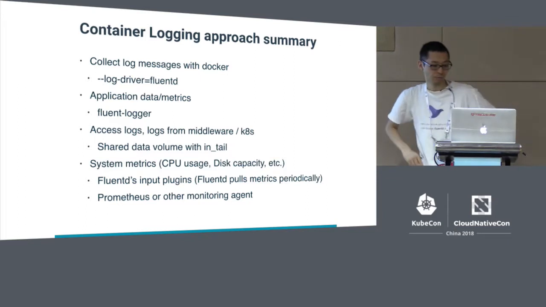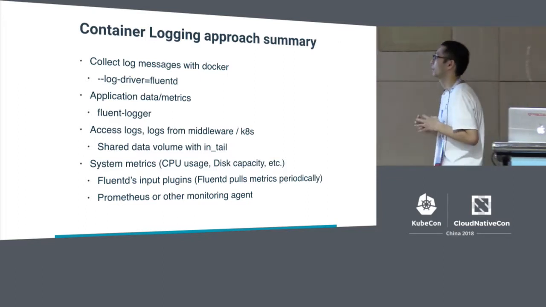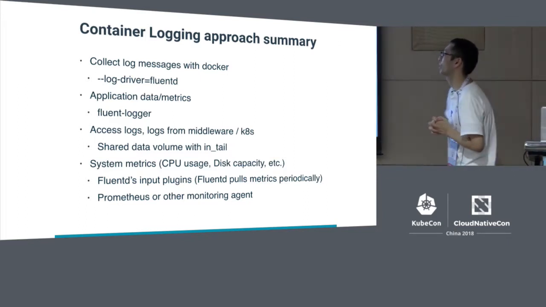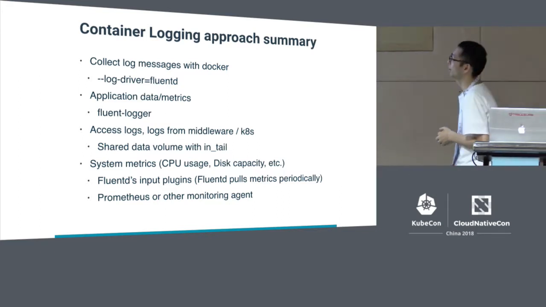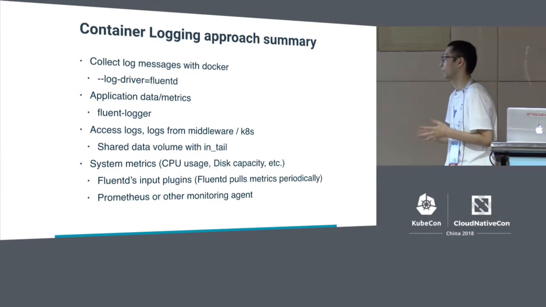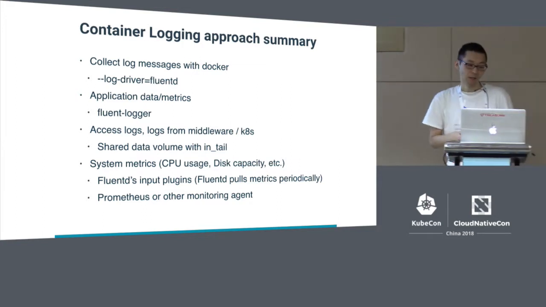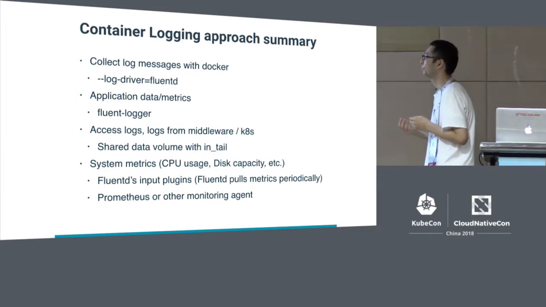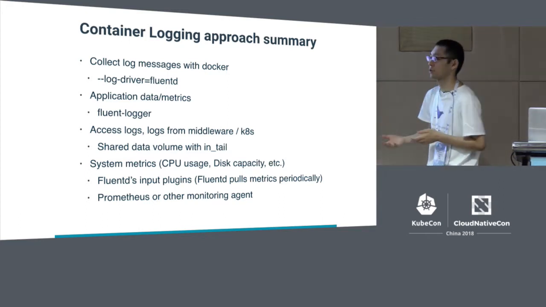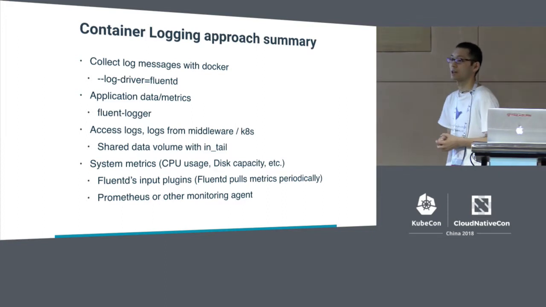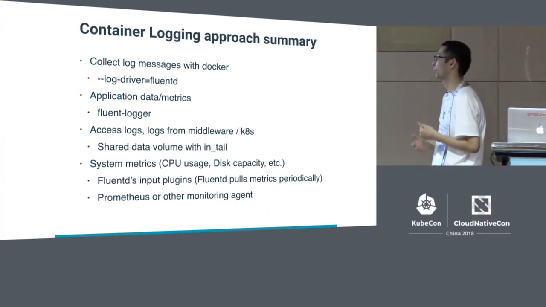So this is a summary of container logging approaches. If you are using Docker, you can try the Docker logging driver. This is easy to use. If you want more data, such as application-specific data or metrics, you can use the Fluentd logger and update your code.